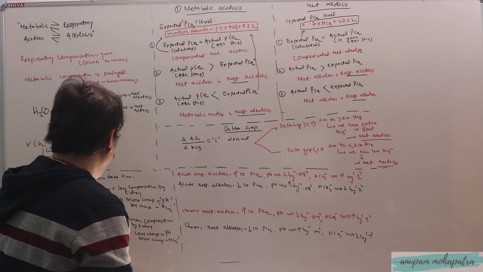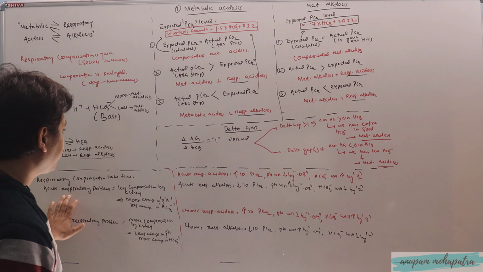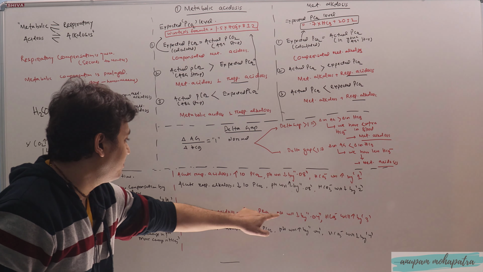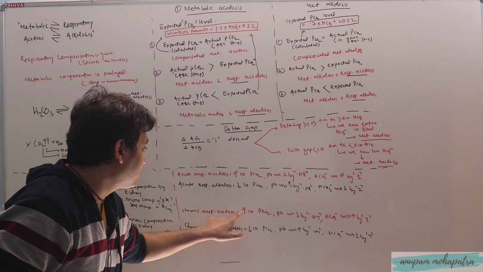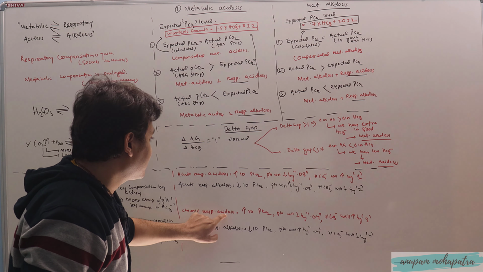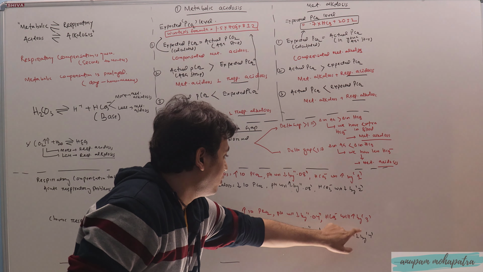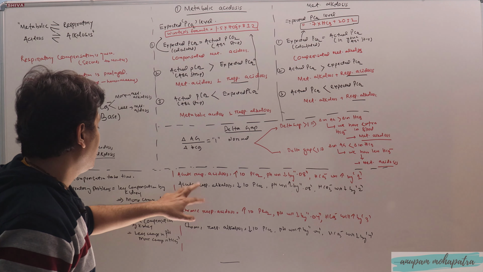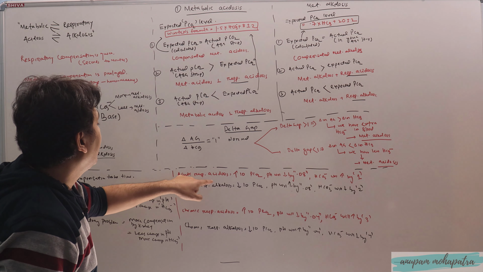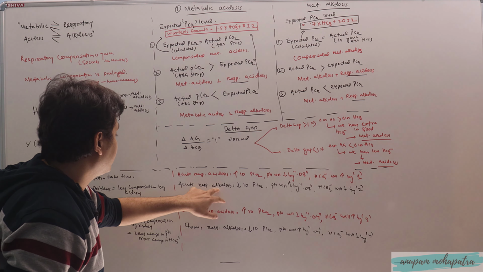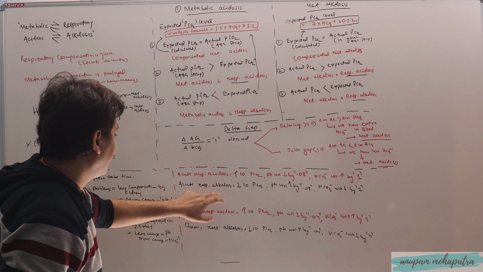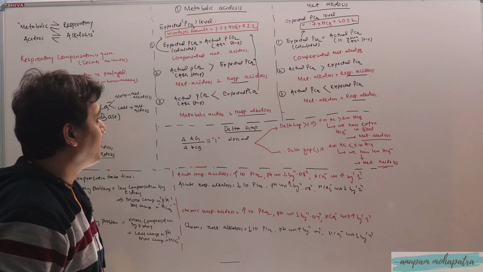So our concept is clear now. If it is chronic, pH will change less because it is more compensated. How is it more compensated? Because the bicarbonate change is more than in acute problems. In acute problems, also remember acidosis comes faster than alkalosis, even alphabetically. So this is the thing you have to remember.